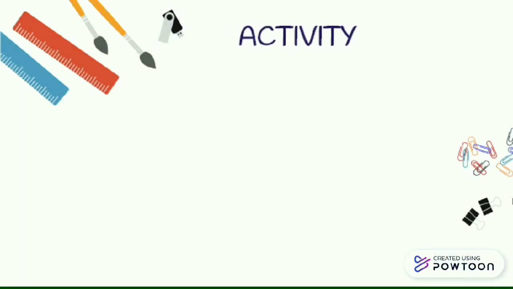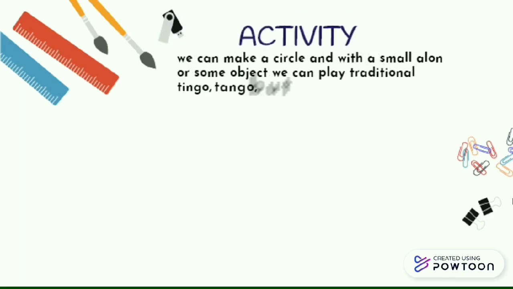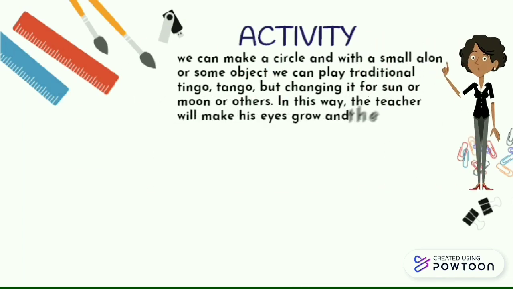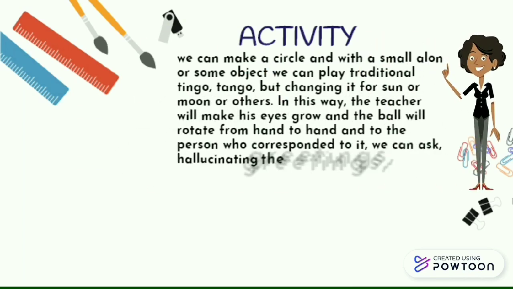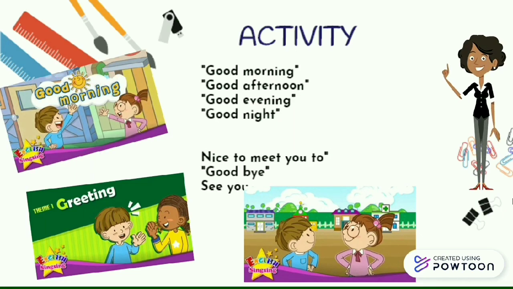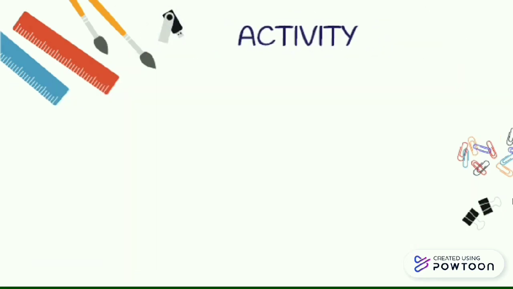It's very funny. Then we can make a circle, and with a small alarm or some object we can play a traditional game, but change it for sun or moon or others.